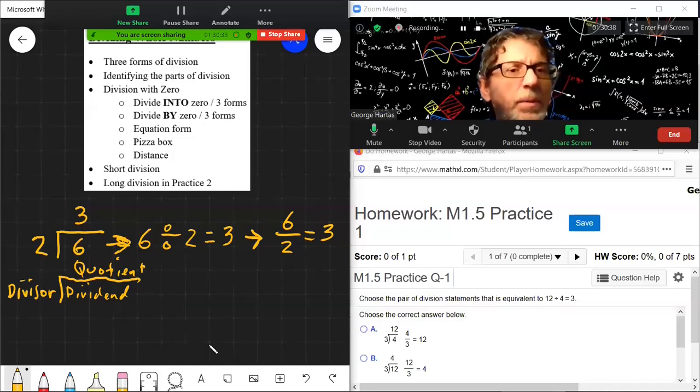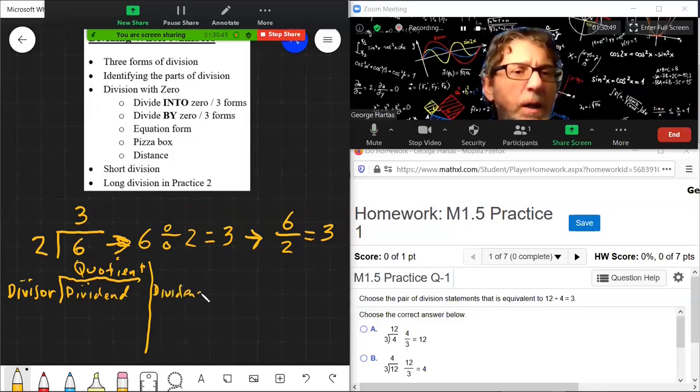Now for this setup, it's going to look like this. So this is now going to be the dividend. And then you have the division symbol, and this is the divisor. Equals the answer or the quotient.